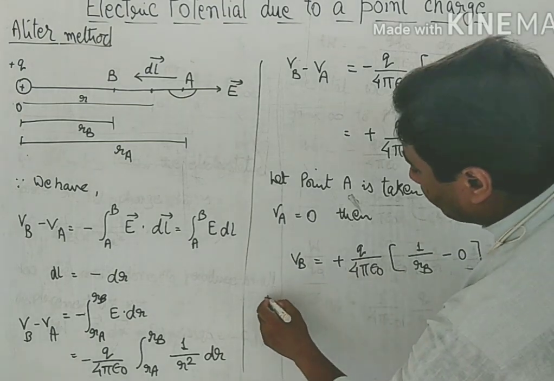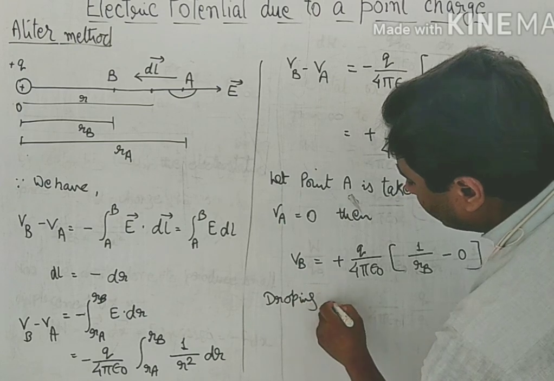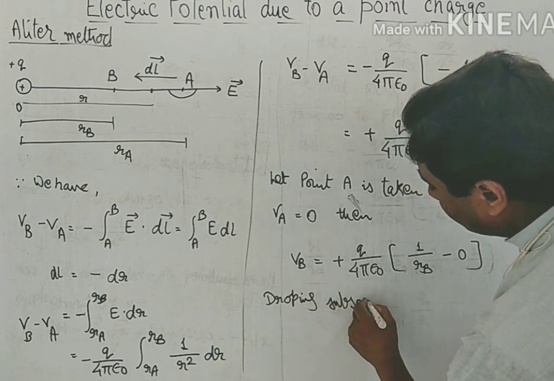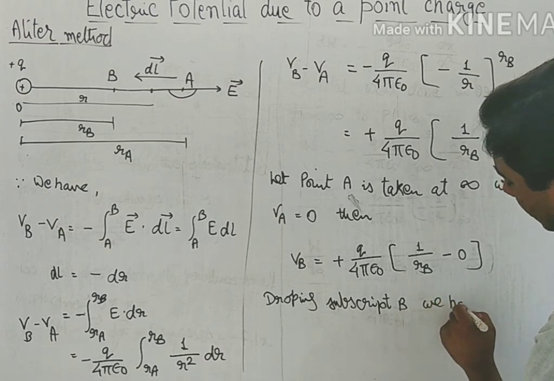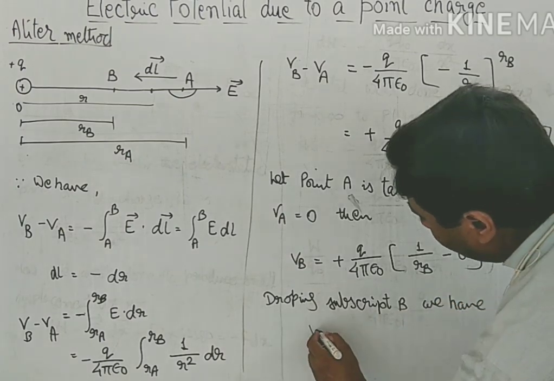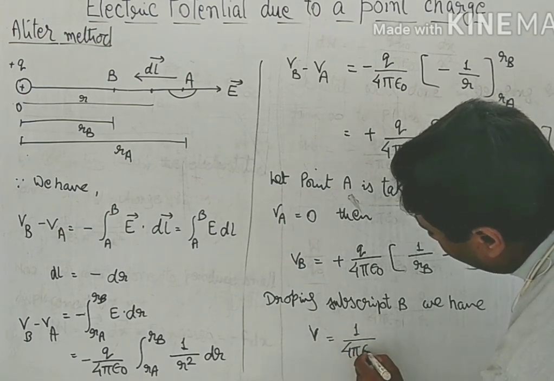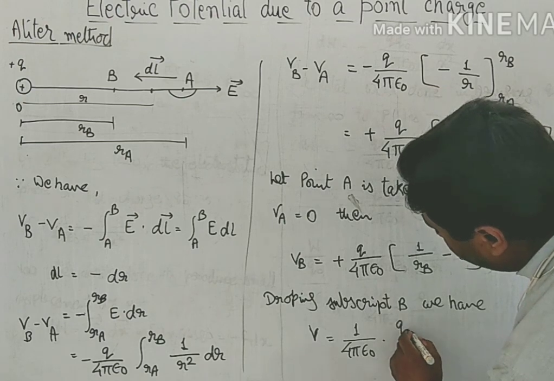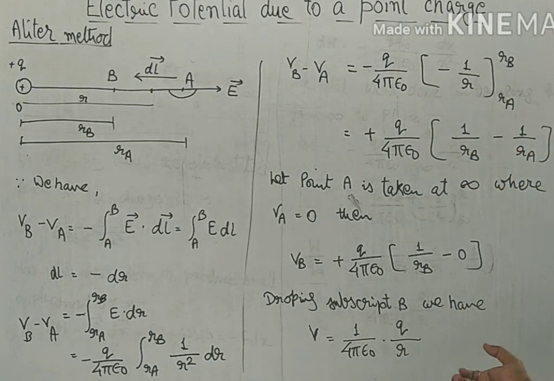So now dropping subscript B, what do we have in general? Potential at a certain point distant r from the source charge is 1 upon 4 pi epsilon naught, q source charge upon distance r.